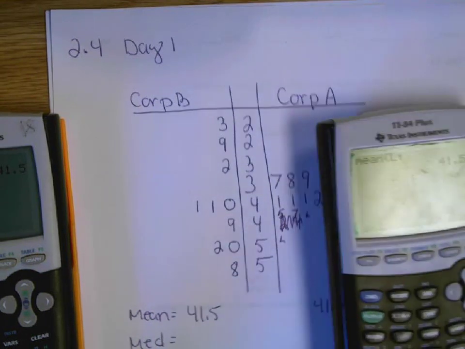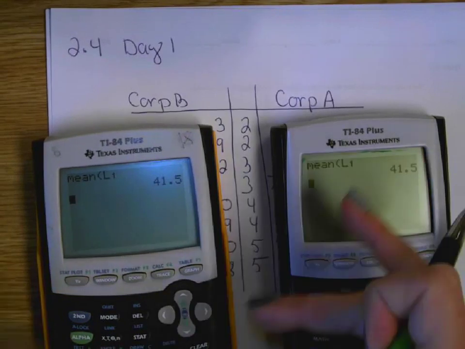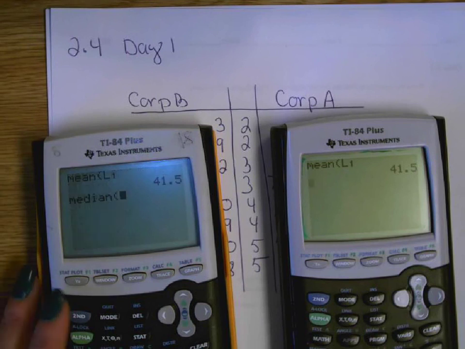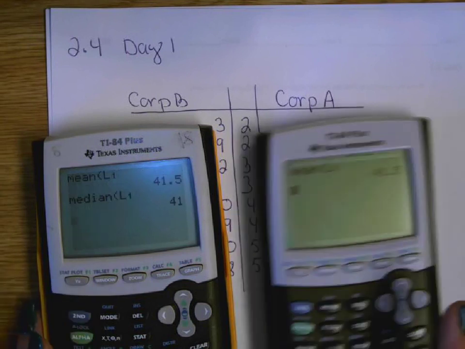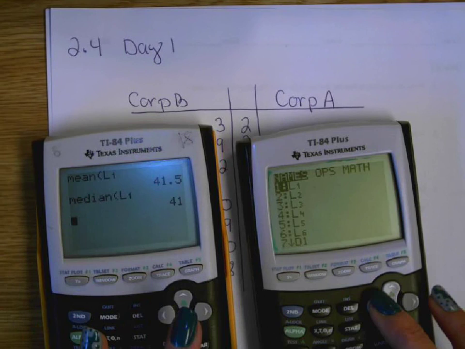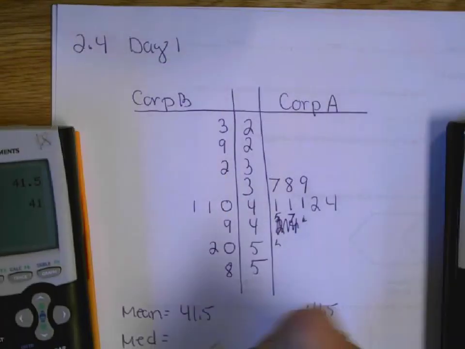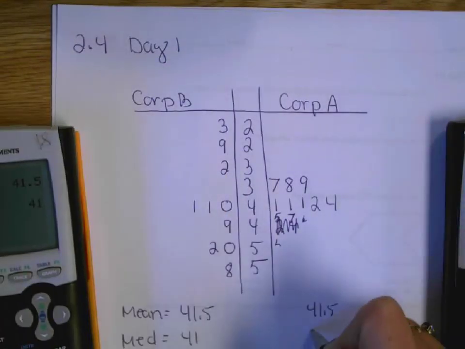Now we want the median salary. That's going to be the middle one. I could count, or I can go in here. Median is number 4 for list 1. $41,000. The median for list 1. $41,000. Kind of very similar.